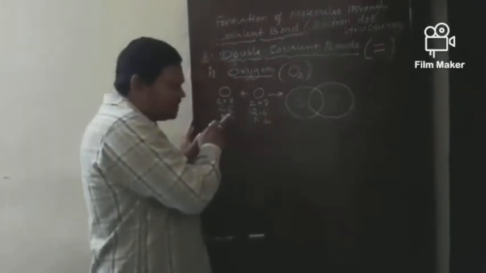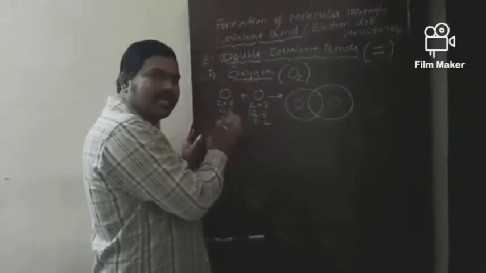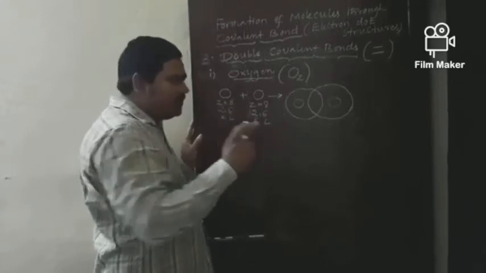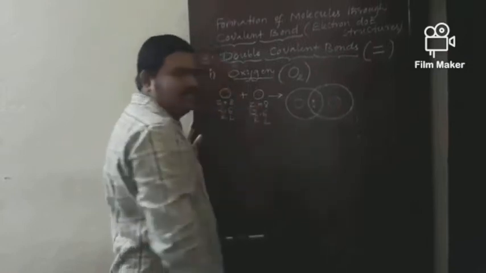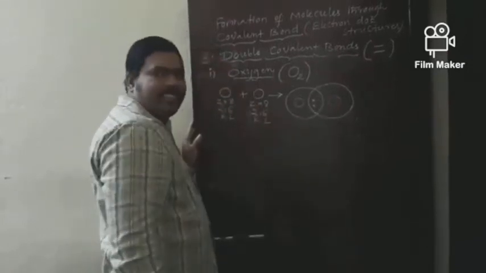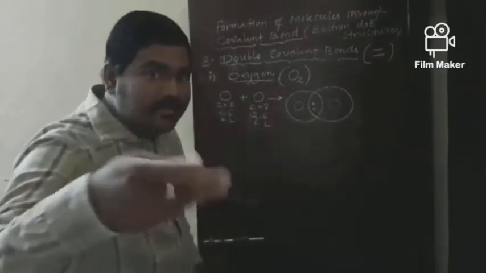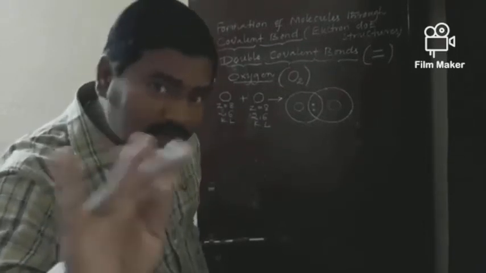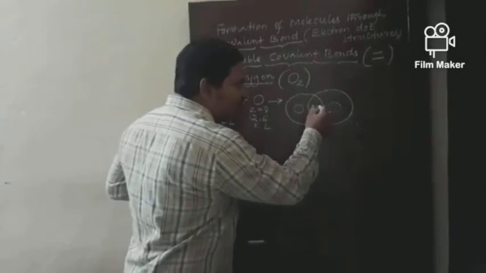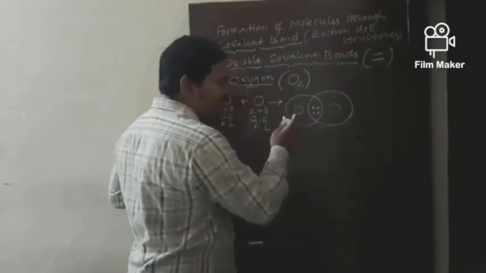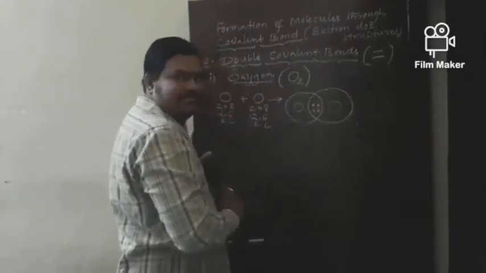Now, out of 6 valence electrons, the requirement is 2, no? So, 2 electrons are contributed to the second oxygen by the first oxygen. At the same time, even for the second oxygen, the requirement is 2 only, no? So, this oxygen also contributes 2 valence electrons for the sake of the first oxygen.